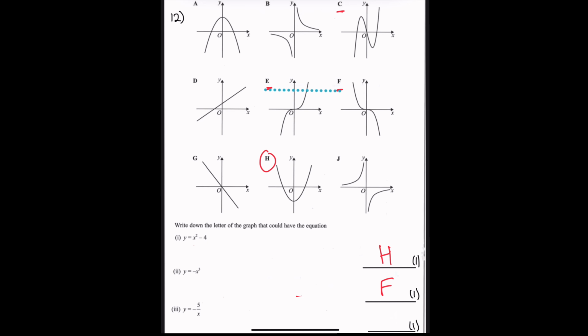And finally, minus 5 over x. Now, minus 1 over x is called an asymptotic graph, which is where there is no y or x intercept for both of these. So y equals 1 over x looks something like this.